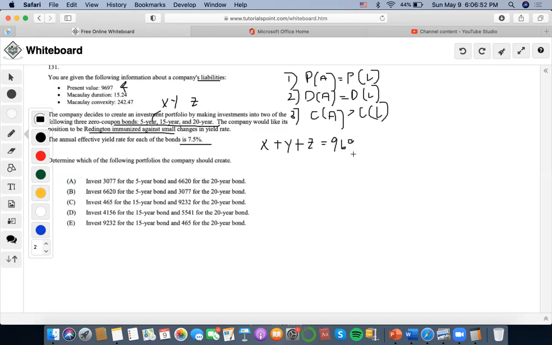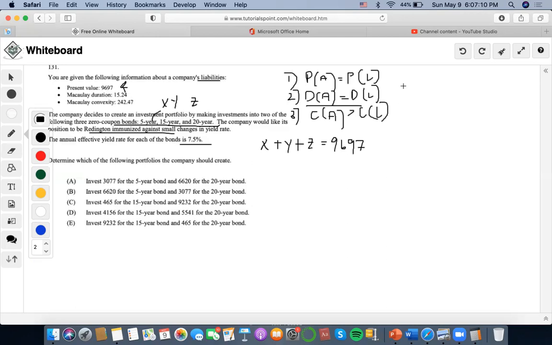The second case involves duration, so we only multiply by the time value each zero coupon bond has.